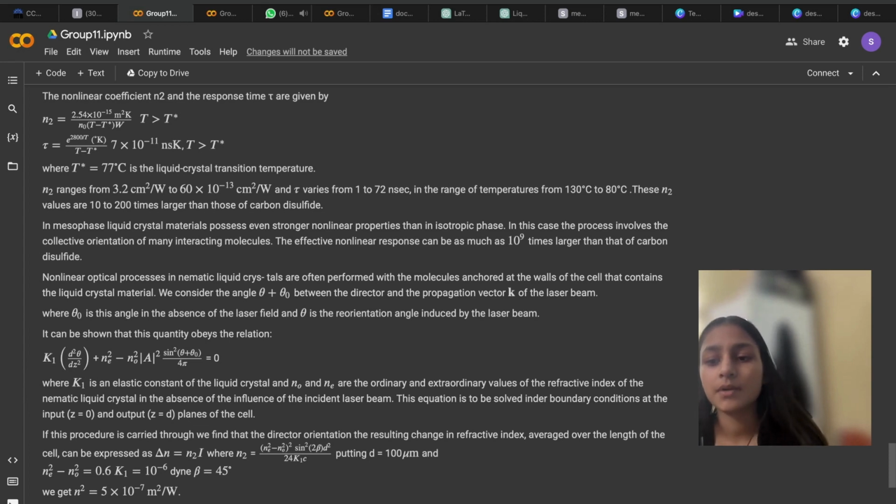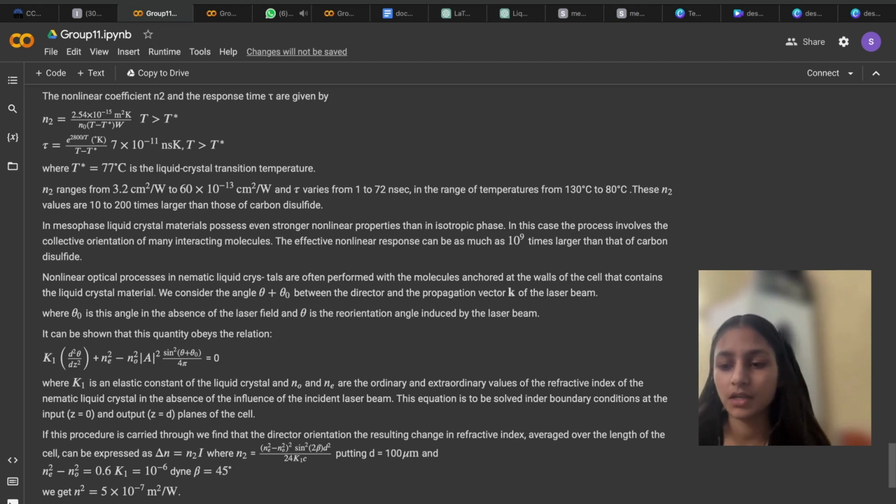What makes this phenomenon particularly intriguing is that the magnitude of the nonlinear response is not constant. It strongly depends on temperature. As the temperature changes, the nonlinear response of liquid crystals undergoes remarkable variations, which scientists have extensively studied.